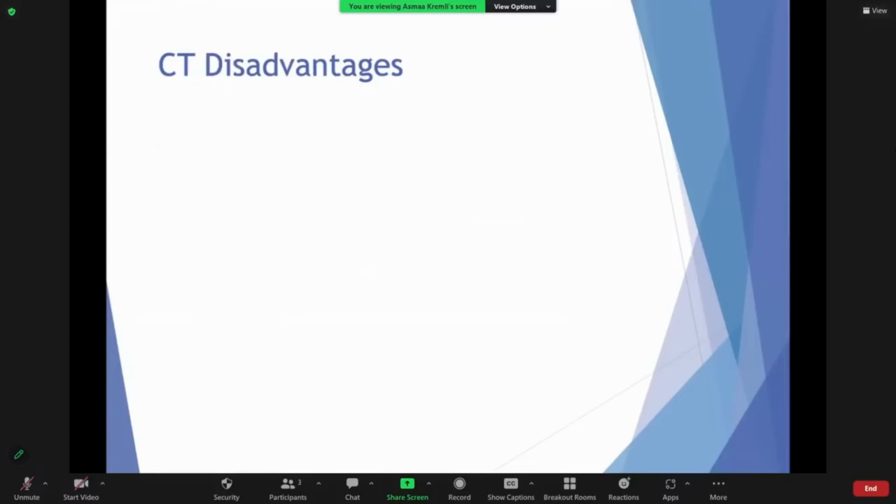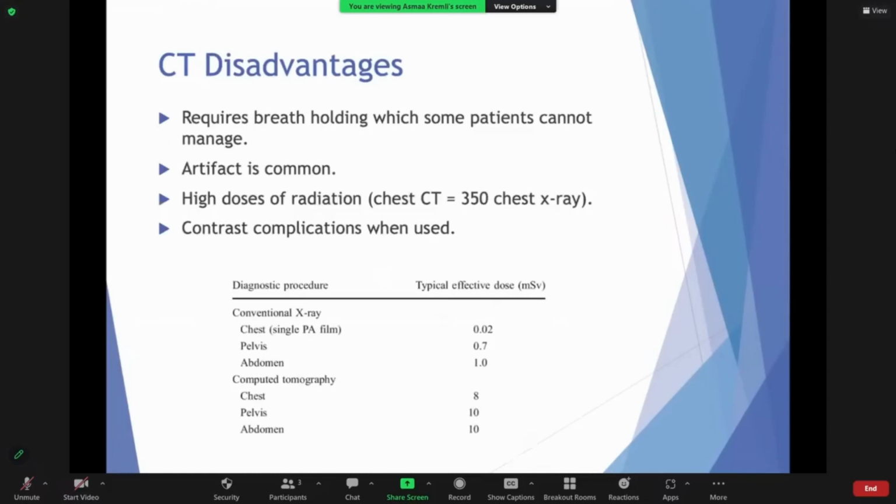How about the disadvantages? The CT usually requires breath holding, which some patients cannot manage. And again, there are CT artifacts that are different than ultrasound artifacts, but it has the same principle: an artifact is something that we do not want in the image.